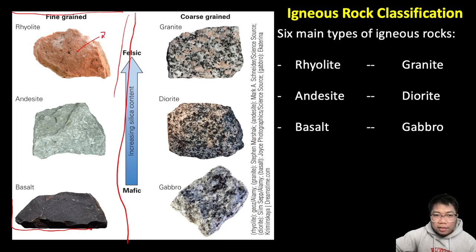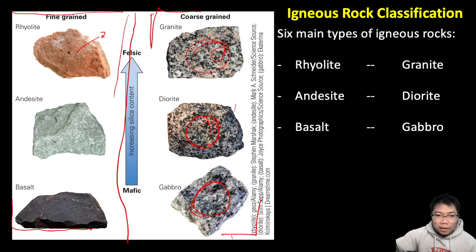On the right side we have coarse grain igneous rocks, which have large crystals that can be seen by the naked eye. That is the division between the left column and right column.